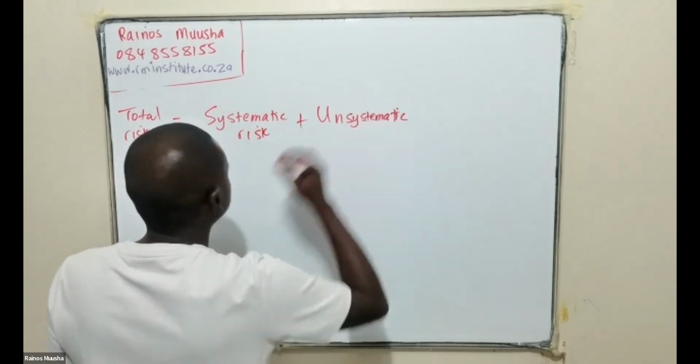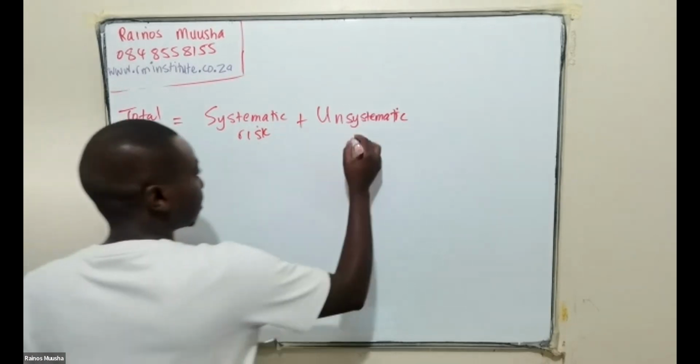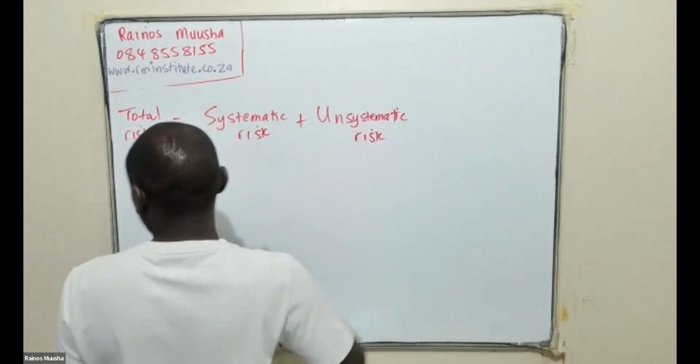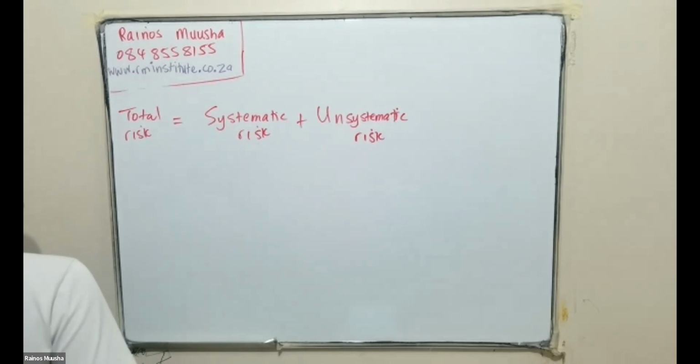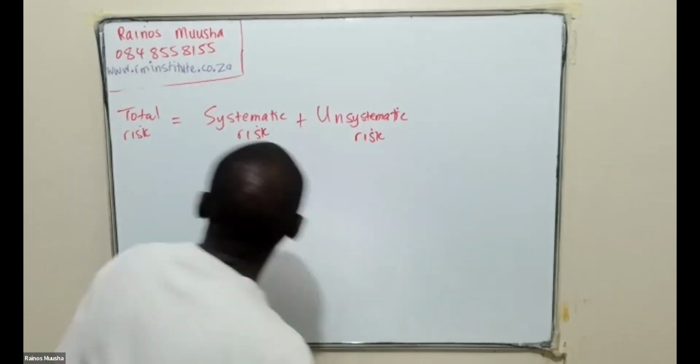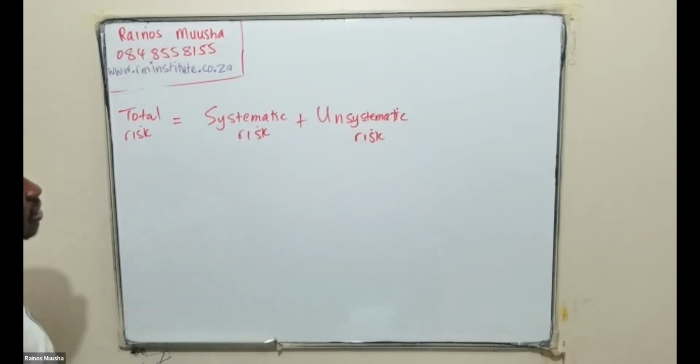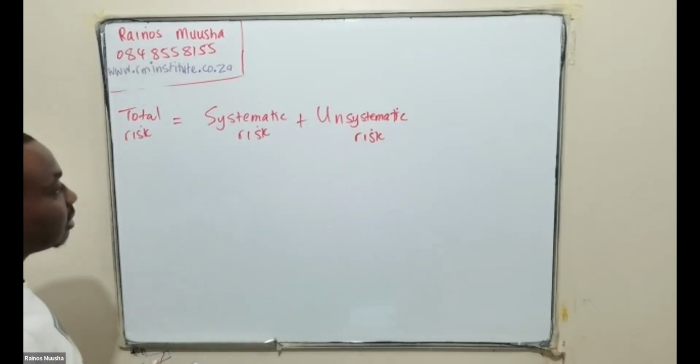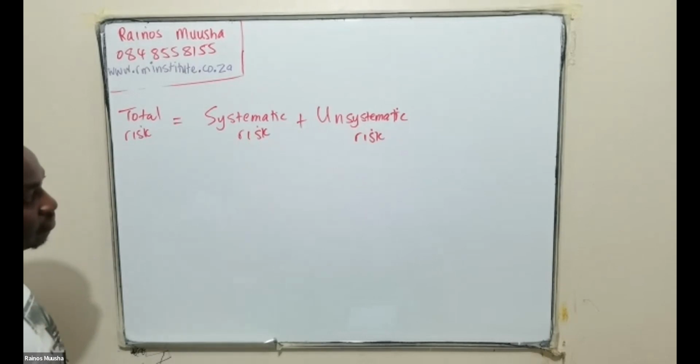Remember we said systematic risk is the uncontrollable risk faced by the organization, and the unsystematic risk is that risk that is within the control of the organization as well.